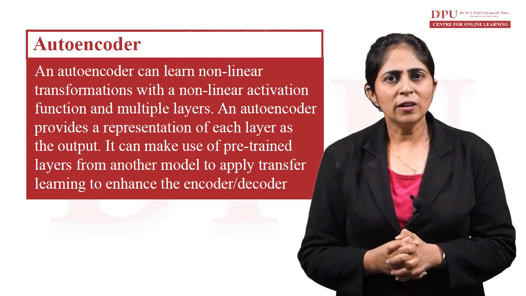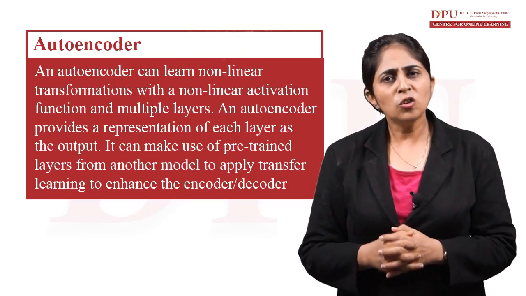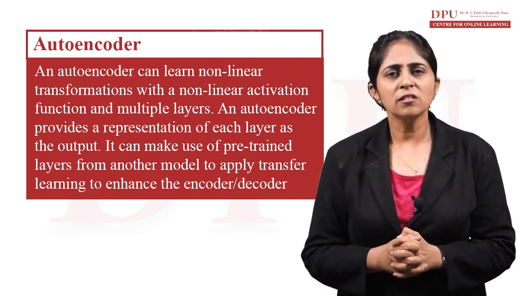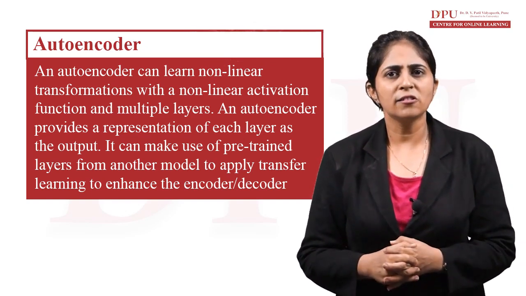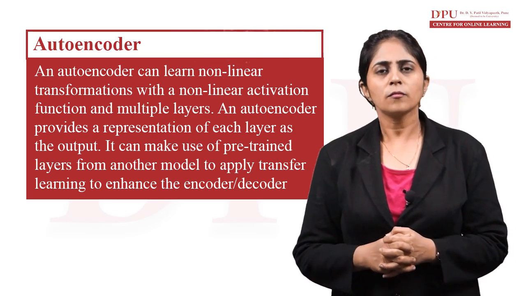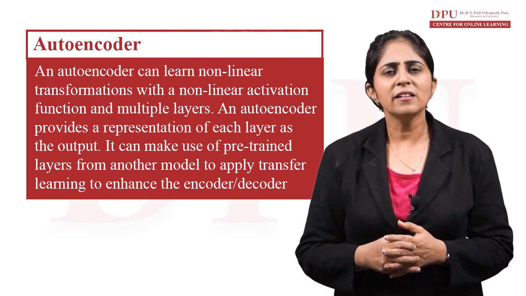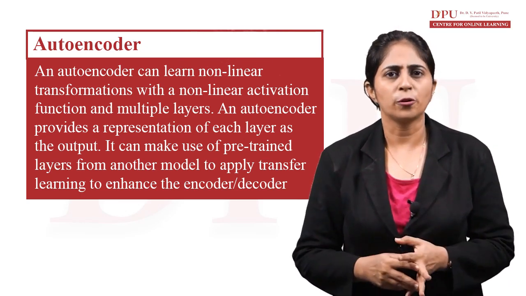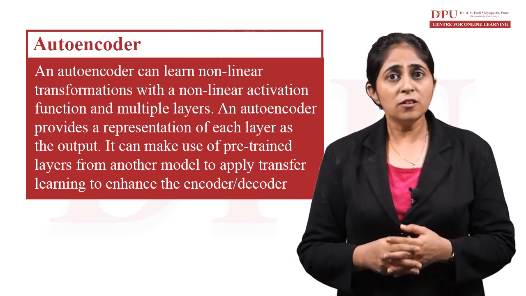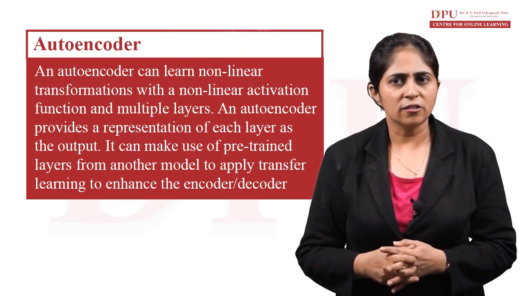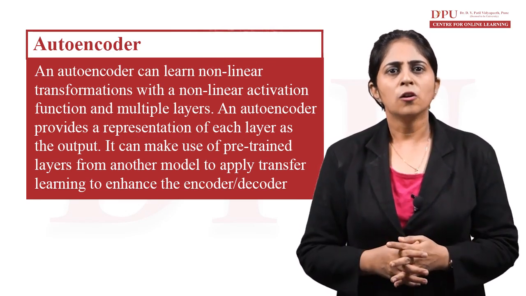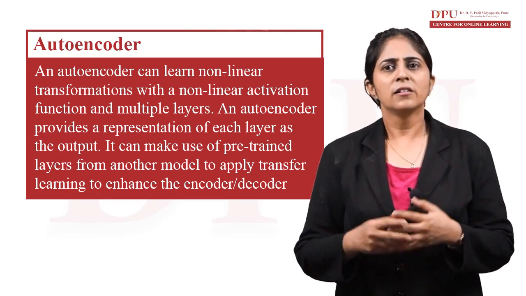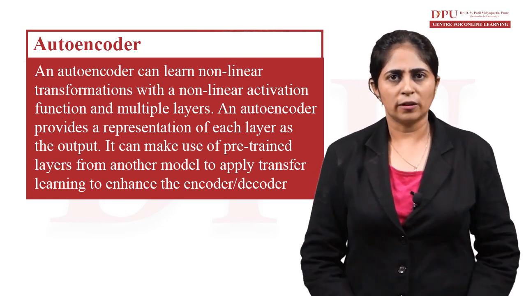An autoencoder can learn nonlinear transformations with a nonlinear activation function and multiple layers. It is a representation of each layer as the output. It can make use of predefined layers from another model to apply transfer learning to enhance the encoder or the decoder.